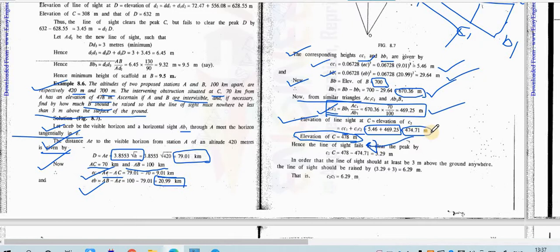So the line of sight is not passing from this particular point, it is below this height, 478 meter, which is at point C. So we will have to raise the line of sight so that it will pass your point at C. So hence the line of sight fails to clear the peak.